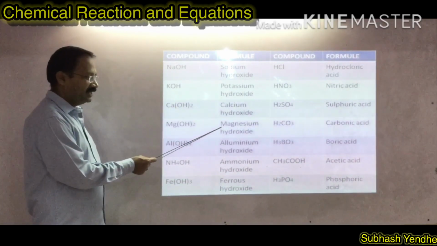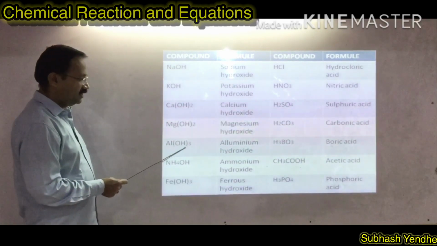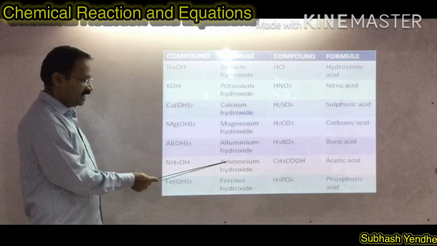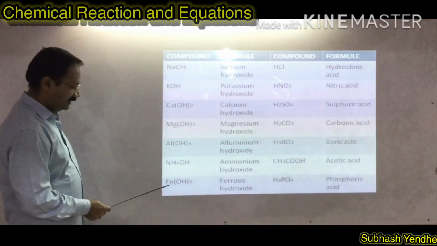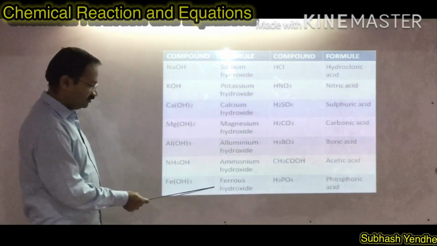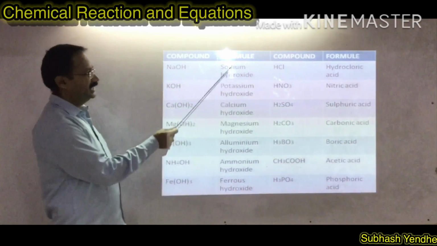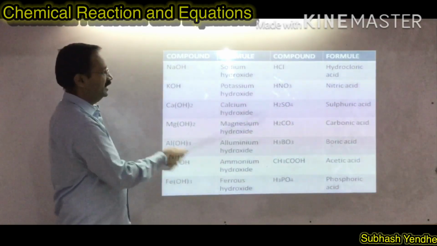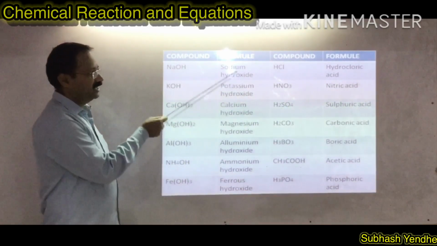Mg(OH)2 is magnesium hydroxide. Al(OH)3, aluminium hydroxide. NH4OH, ammonium hydroxide. Then ferric hydroxide, Fe(OH)3. Then HCl, these are the bases and these are the acids.